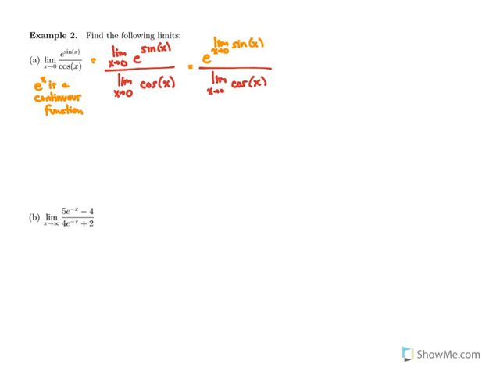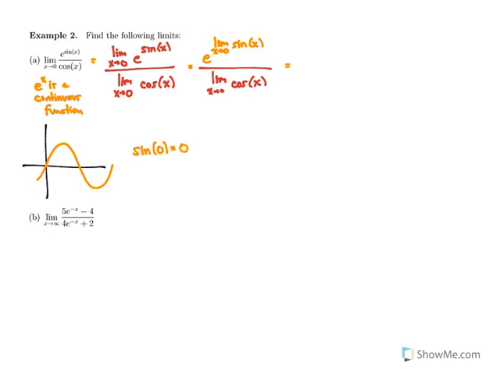And sine and cosine are functions that we should know what's going on. So let's draw a little graph of these functions real quick. Sine looks like this, and we know that as x approaches 0, sine is going to be equal to 0. And this is just because sine of 0 is itself 0.